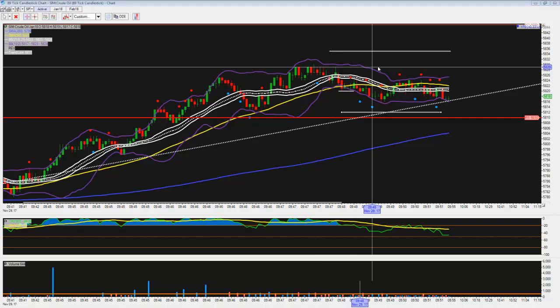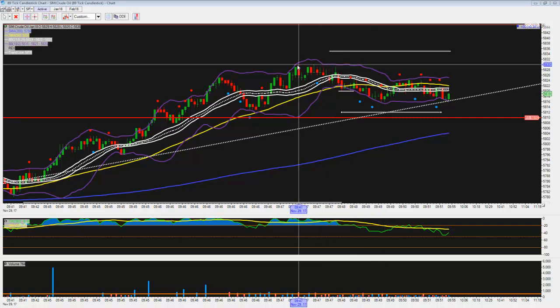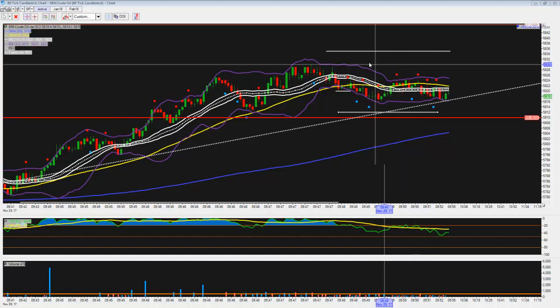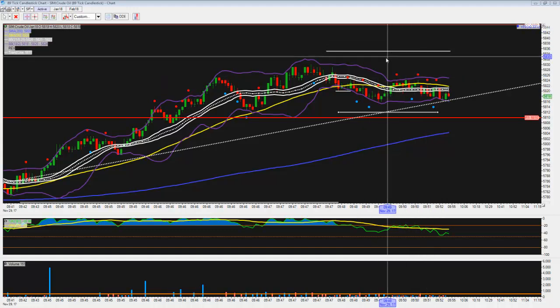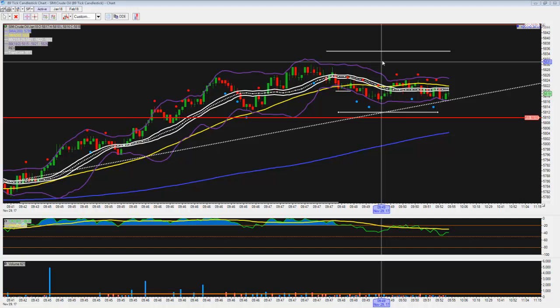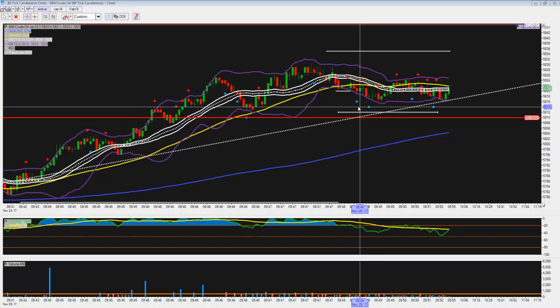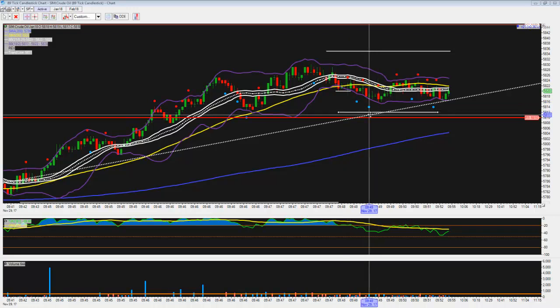If it hits my target up here, I wouldn't be looking at short until I would see a lot of... well, you know what, let's not even get into that. That's more stuff that you don't need to know right now. So the trade's over here one way or the other.